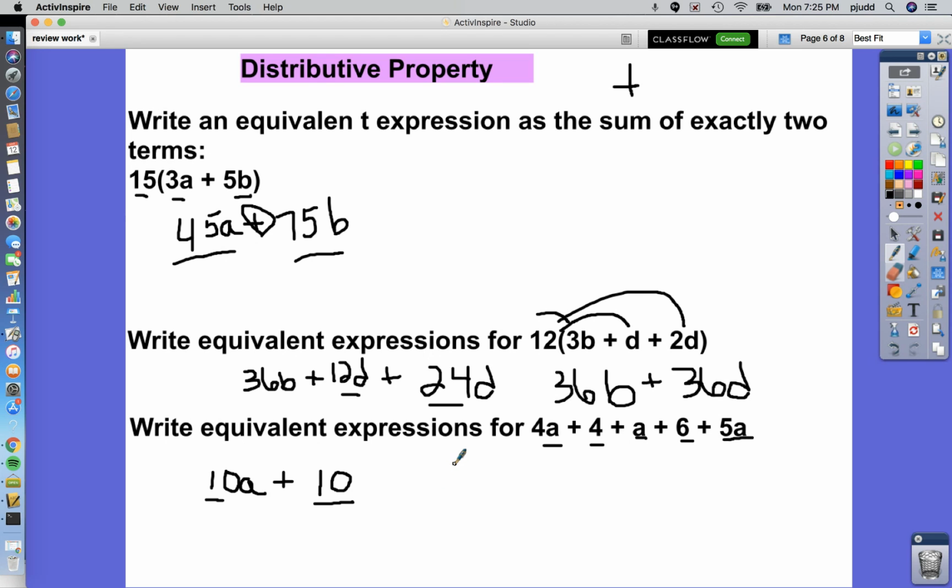And I'm thinking I could also rewrite this using the distributive property. But what would that look like? What would I have for all of this here if I have 10A plus 10? Well, I could have 5 times 2A plus 2.